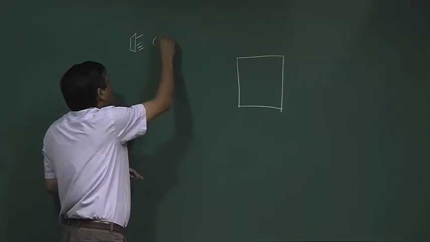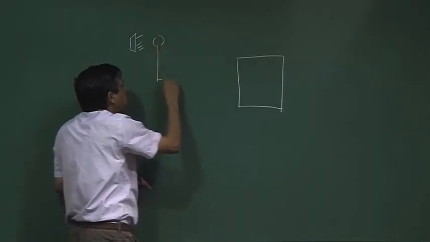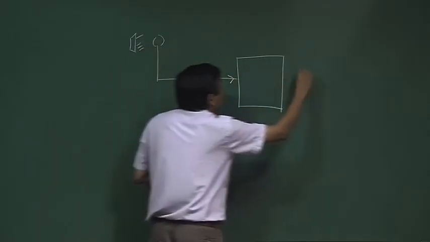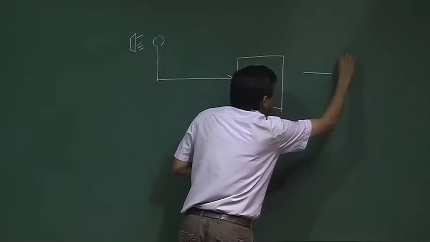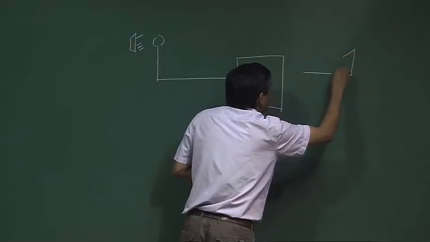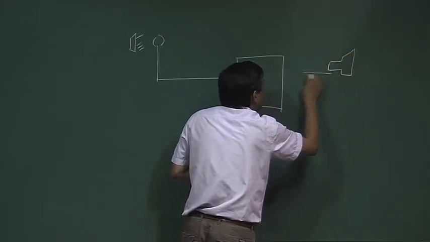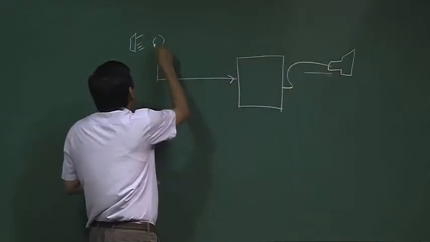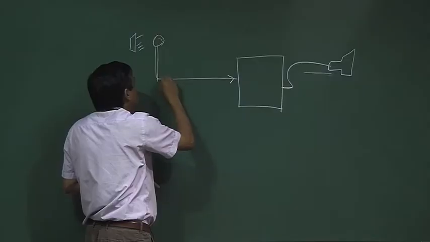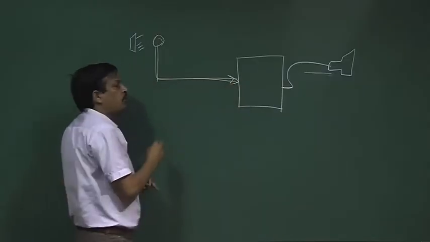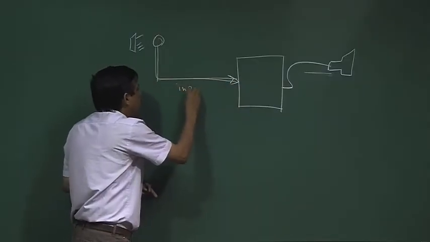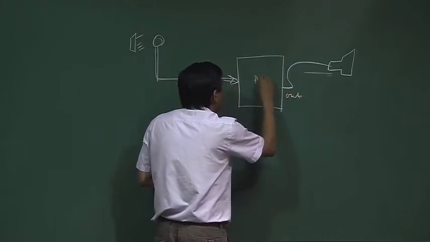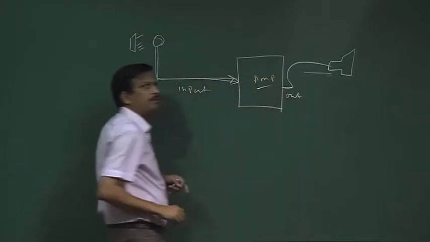Then I have to amplify that acoustic signal to spread it to this side. So, I connect a microphone to the input of an amplifier and a loudspeaker to its output. This amplifier is an electrical amplifier.